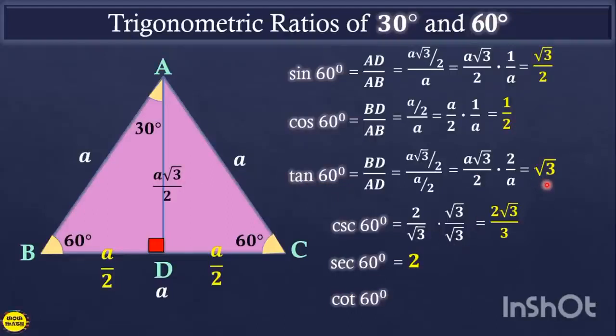So, ang reciprocal po nito is 1 over square root of 3. Okay, pero hindi po pwedeng may radicals sa denominator. Let us rationalize. So, that is square root of 3 over 3. Okay, so these are the trigonometric ratios for 60 degree angle. So, mamaya isa-summarize natin po lahat siya sa table.